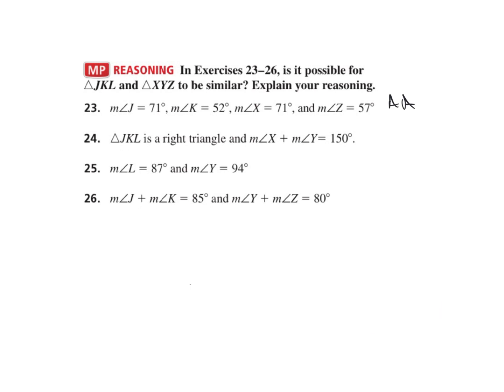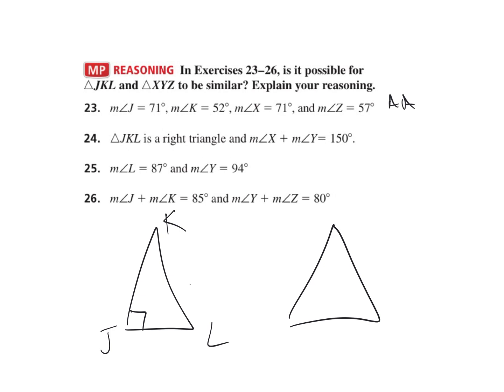Draw two generic triangles and start all over. Okay, so JKL is a right triangle. So there's 90 degrees. X, Y, Z, X plus Y equals 150 degrees. Okay, so we don't know what Z is. So JKL, XYZ. Now these are in a specific order.